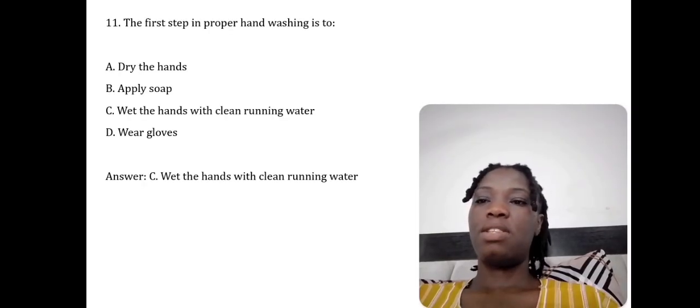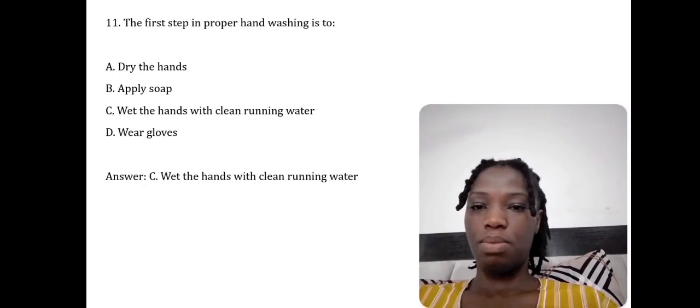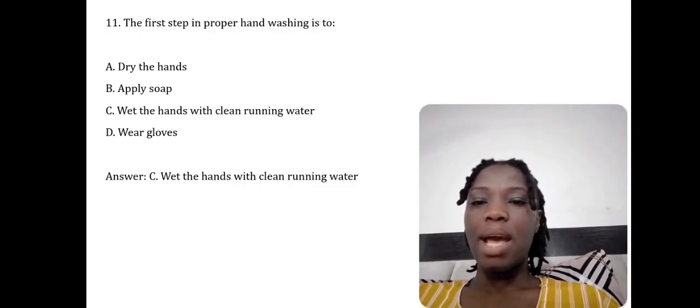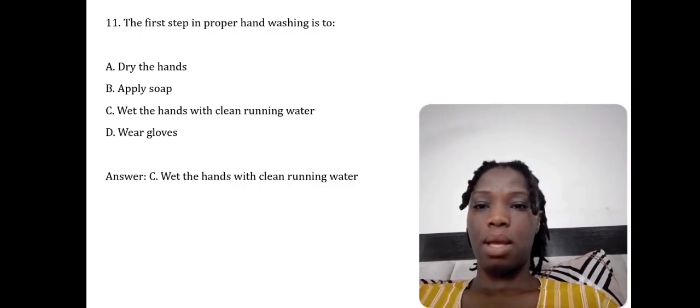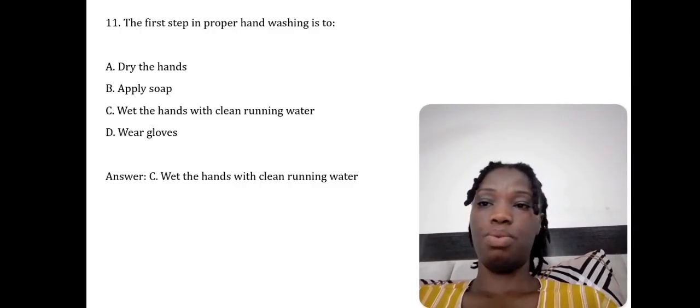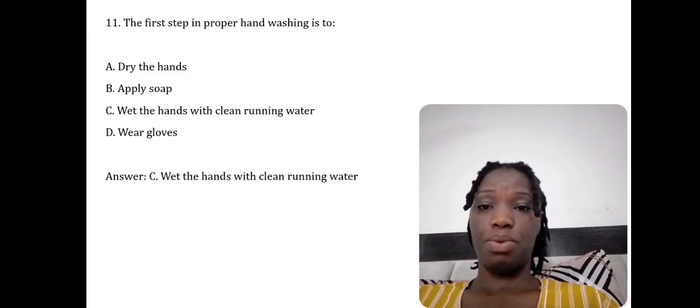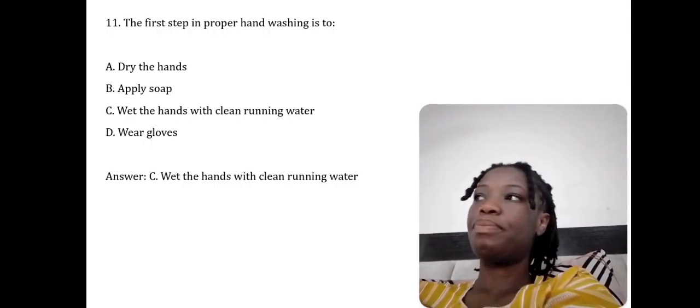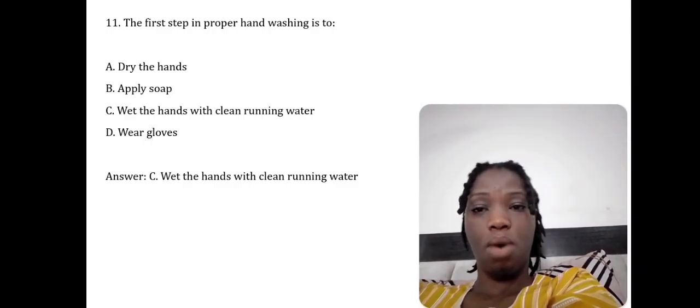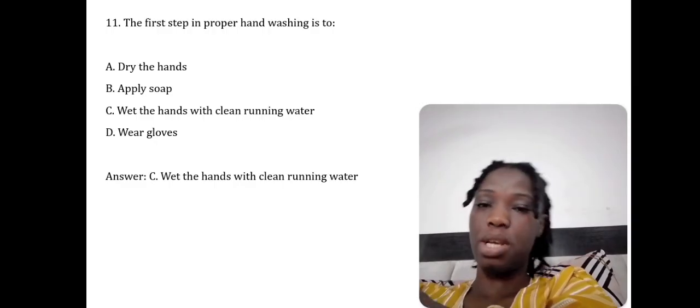Question 11. They say the first step in proper hand washing is to what? When they ask you the first thing you should do, for example, when they ask what is the first thing you should do when you want to take a patient's blood pressure, some people may say, when I go there, I'll confirm the patient's name and the rest.